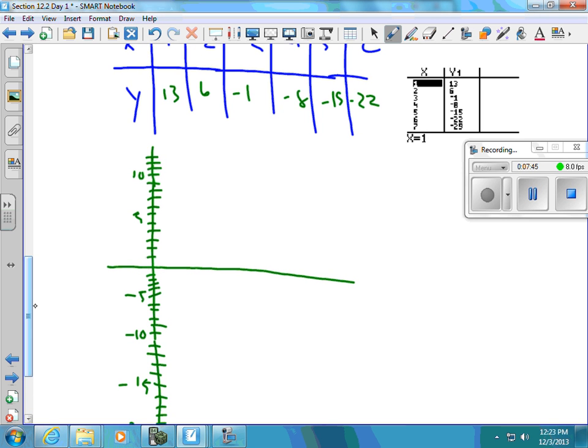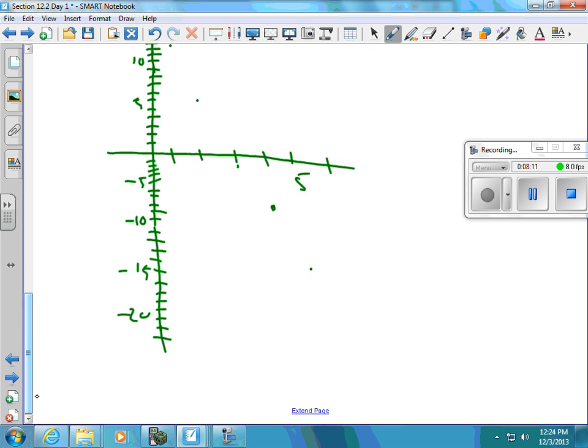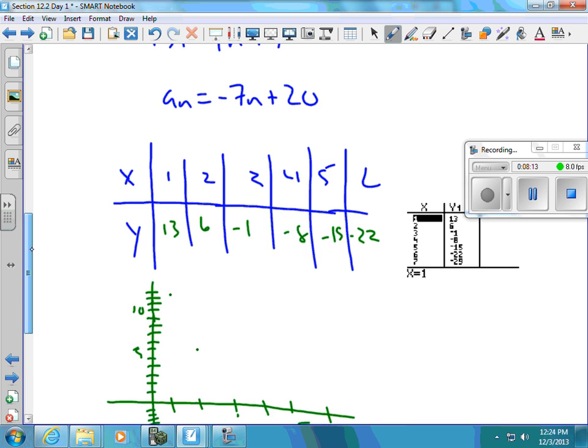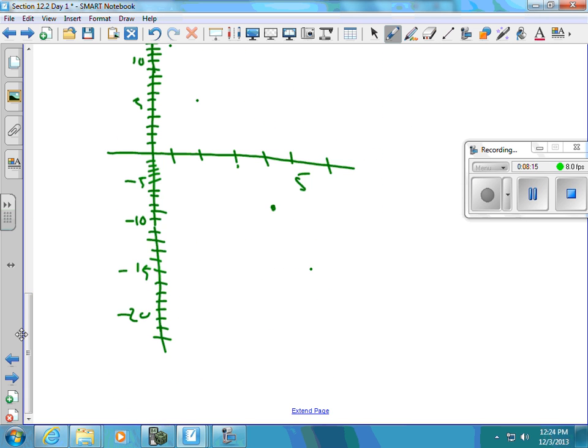So 1, 2, 3, 4, 5, 6. Over 1, up 13. Over 2, up 6. Over 3, down 1. Over 4, down 8. Over 5, down 15. Over 6, down 22. And then we've graphed the first 6 terms.